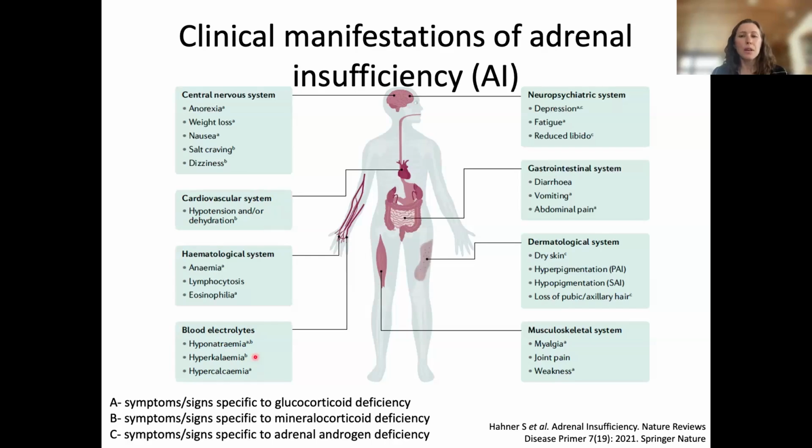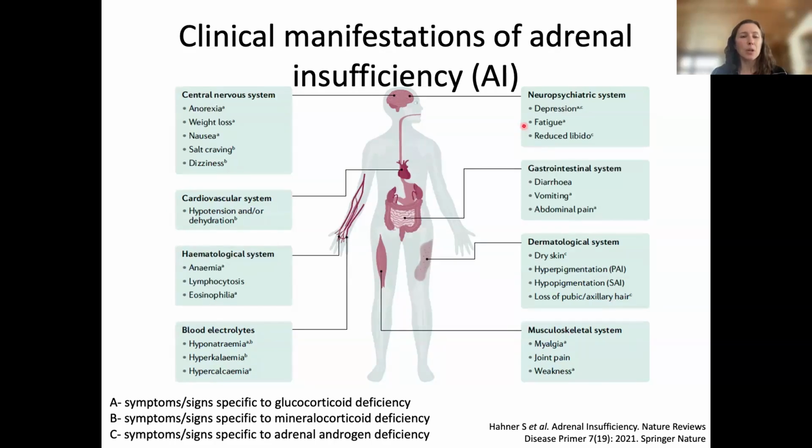However, hyponatremia also can occur in central AI due to the cortisol deficiency, which results in increased CRH secretion, which is an ADH secretagogue. In addition, the lack of cortisol releases cortisol's normal suppression of ADH secretion, thereby resulting in increased ADH and potentially hyponatremia.